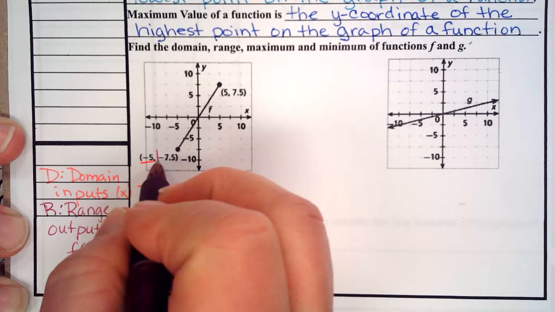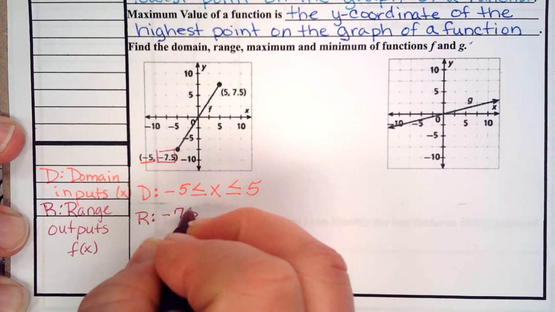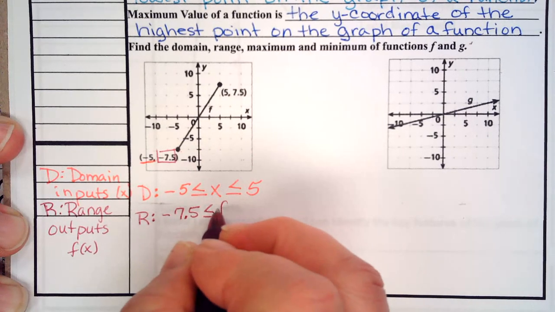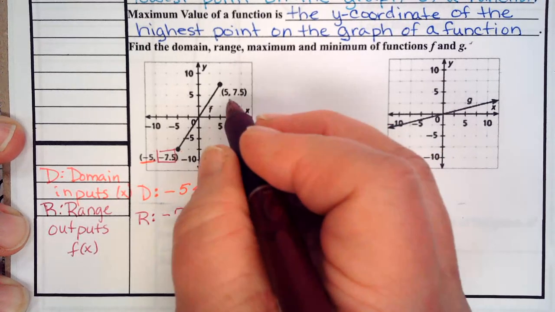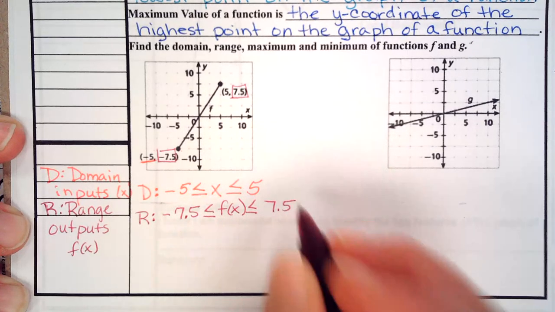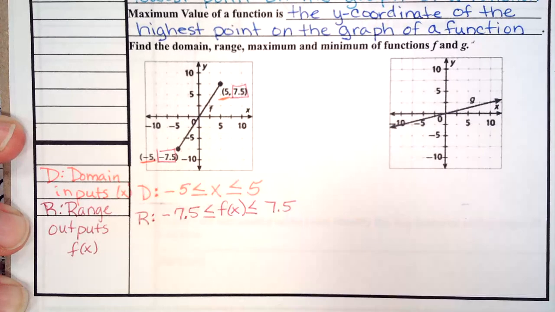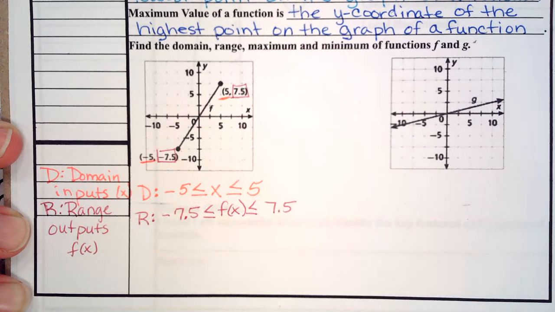I start at -7.5, filled in circle, so it's -7.5 less than or equal to f of x, which is less than or equal to 7.5 is my endpoint. I forgot to underline this with the right color. Okay, domain and range. This is interval notation.